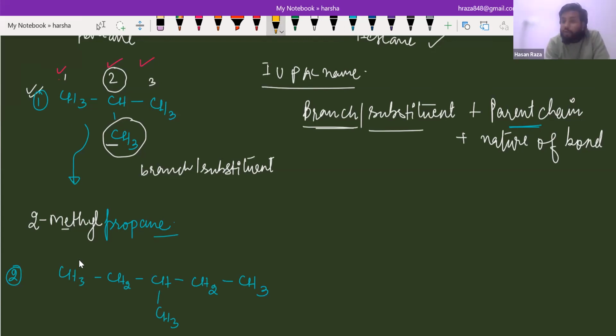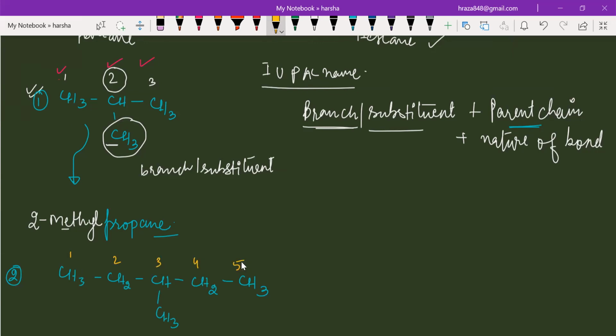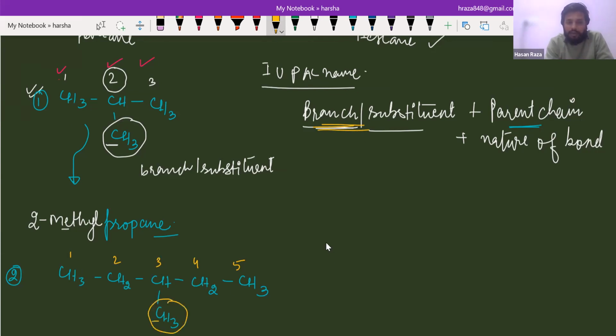Yeah, you are going to choose the parent chain first. 1, 2, 3, pentane, 4, and 5. First, we write the name of the branch, Martin. You can see this is at the third position, and how many carbons? Only one carbon, meth. Since it is a branch, I am going to add yl. So 3-methyl, and the parent chain is pentane, with a single bond. So its name will be 3-methylpentane. Are you getting my point, everyone?